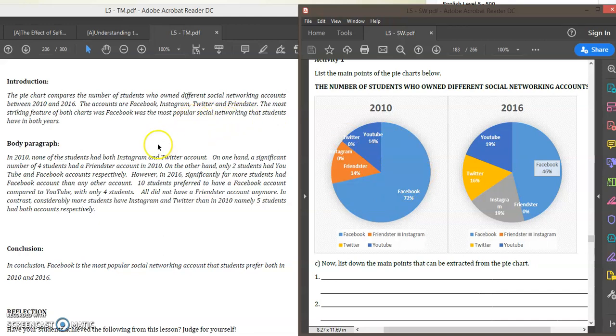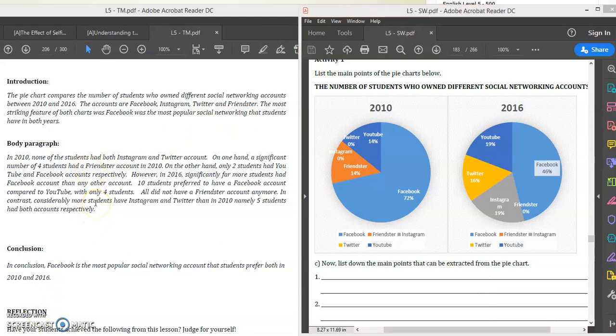Okay, next we have the body paragraph. For the body paragraph, which is the analysis, remember that you should not just describe the data of the graph, because you should also compare. If you look at the first sentence, in 2010, none of the students had both Instagram and Twitter.